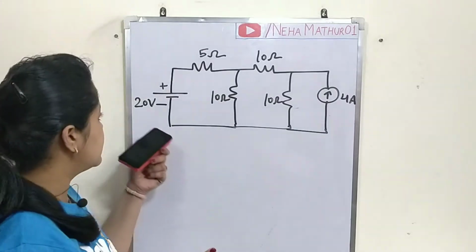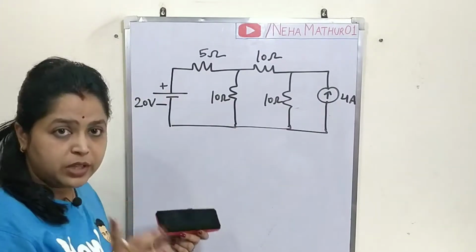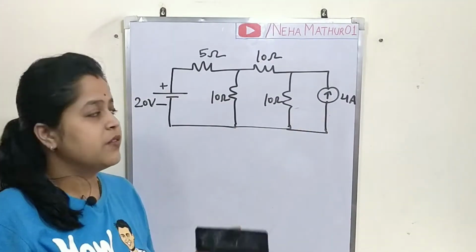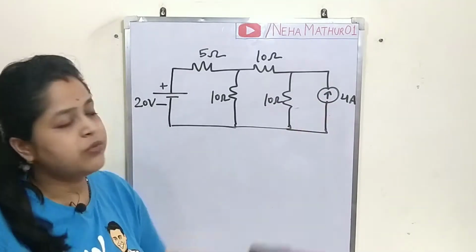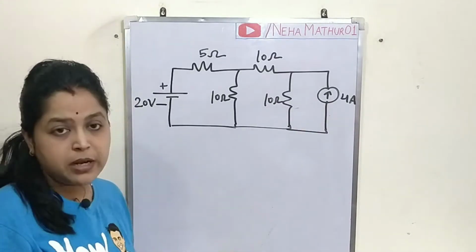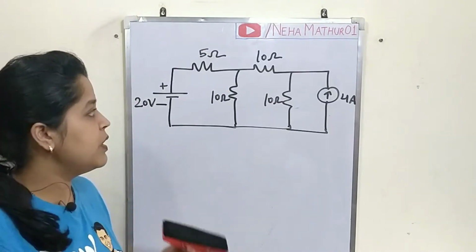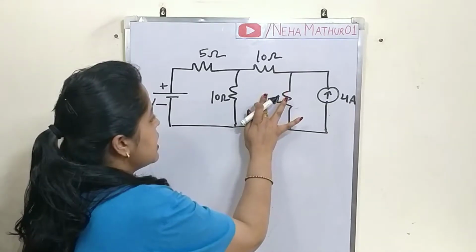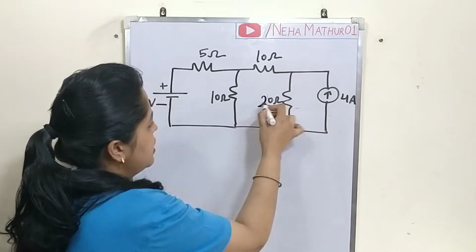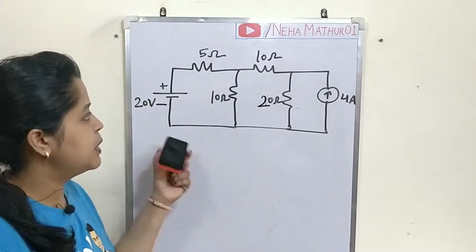The first one is a voltage source having 20 volt and the other is a current source having a value of 4 ampere. Now the question is, the examiner wants you to find the current across one of the branches. Here I am taking it as a 20 to make it separate from all the others.